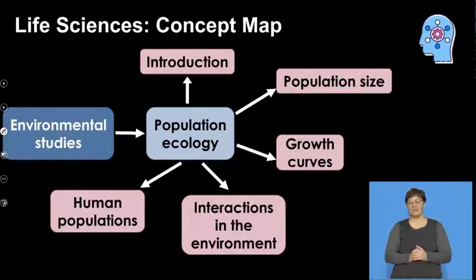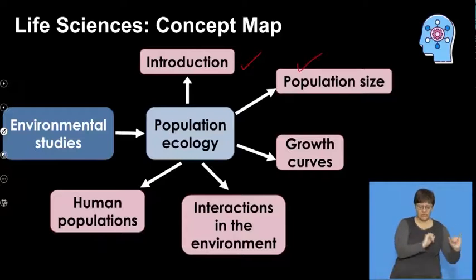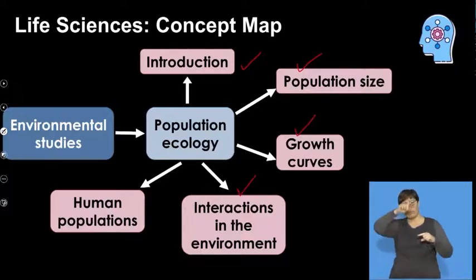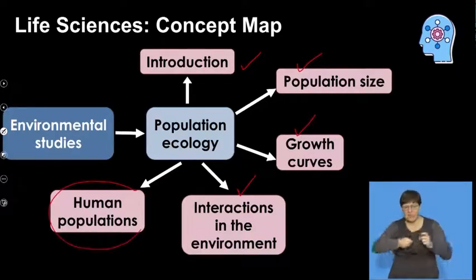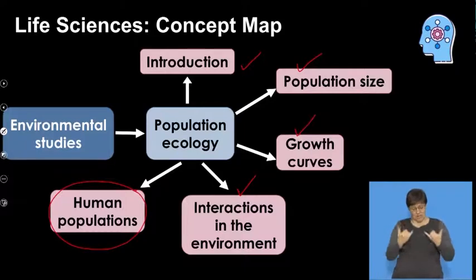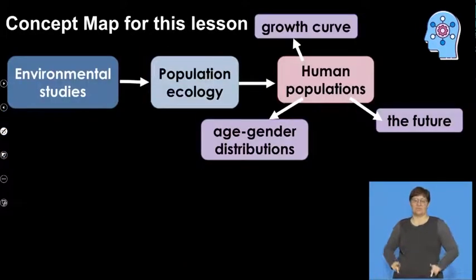This is our concept map that shows us where we are. We've introduced the subject of population ecology. We've looked at population size, growth curves, interactions in the environment, and this is the focus of our lesson today, human populations.